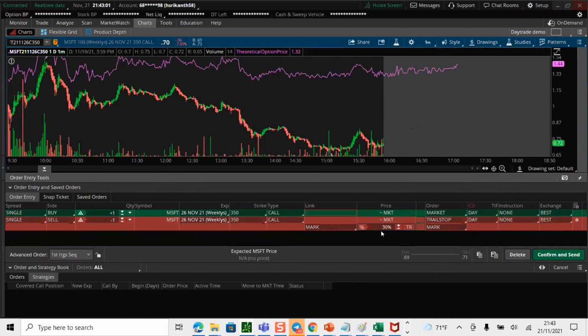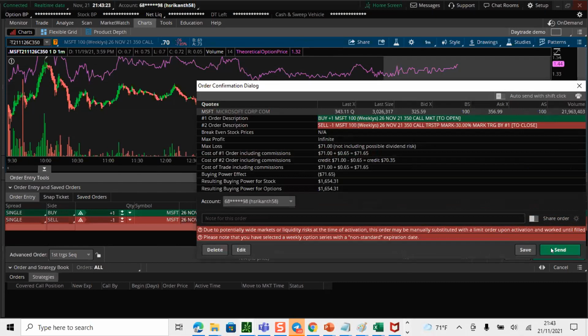So I have 30% on my premium. 70 into 30% is like 21 cents, so basically the loss I can incur is like 21 cents, that's like $21. So I can just set up the option premium, confirm and send.